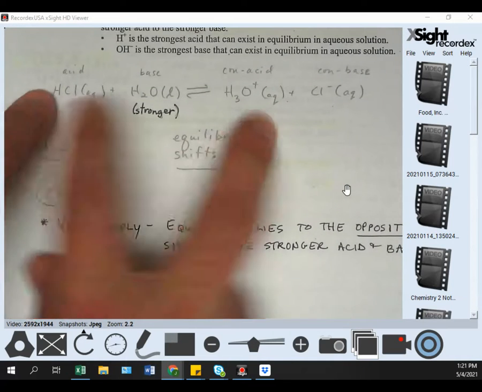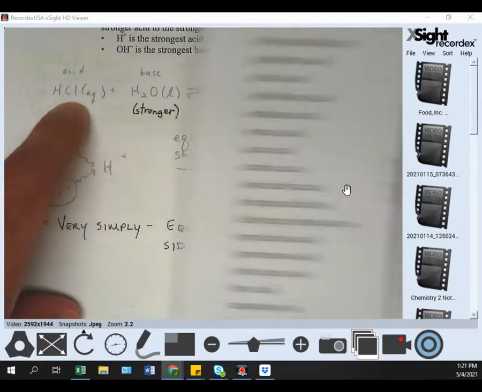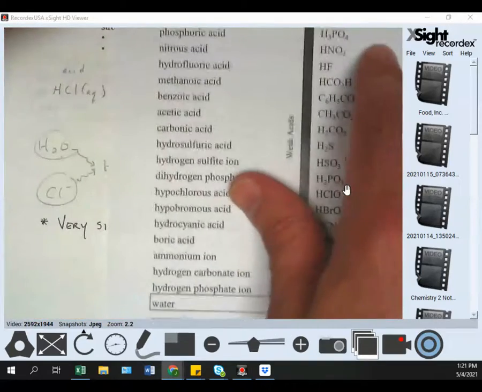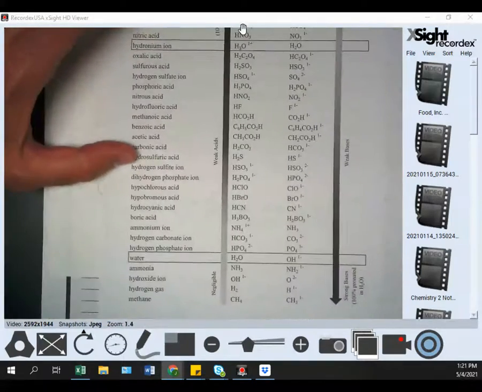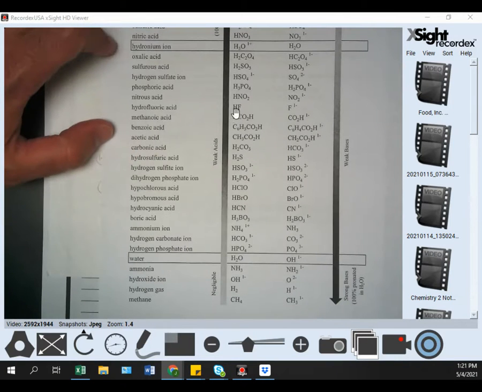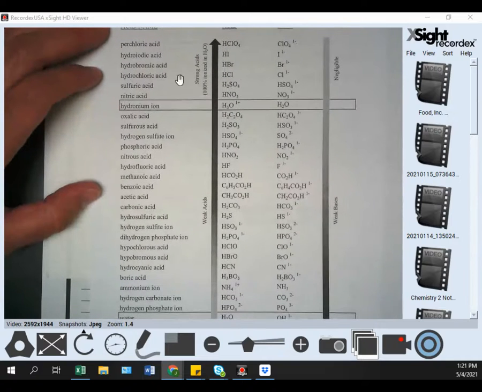So we're going to compare HCl and H3O plus, the hydronium ion. If we look on this chart, let me zoom out a little, the hydronium ion is here, and HCl is actually above it right here.